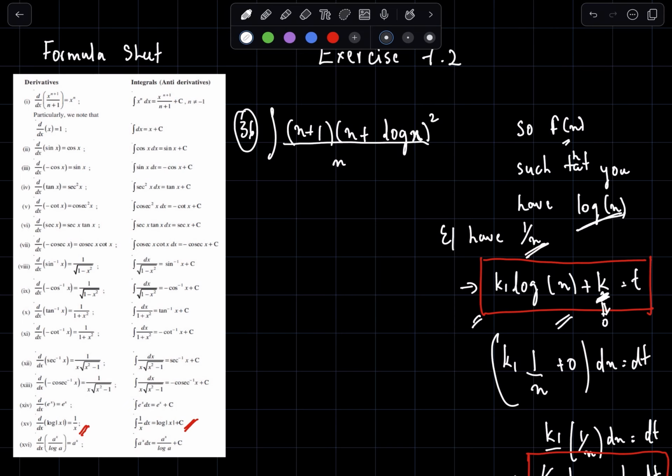So in the other case, you have log x and you have 1 over x, but in this case you don't have a constant, like constant k, you have something like this x. Interesting. This is very interesting. So how would we solve question number 36?